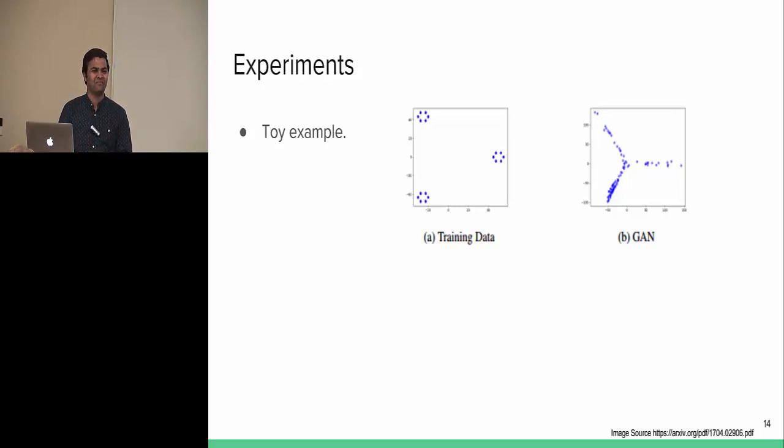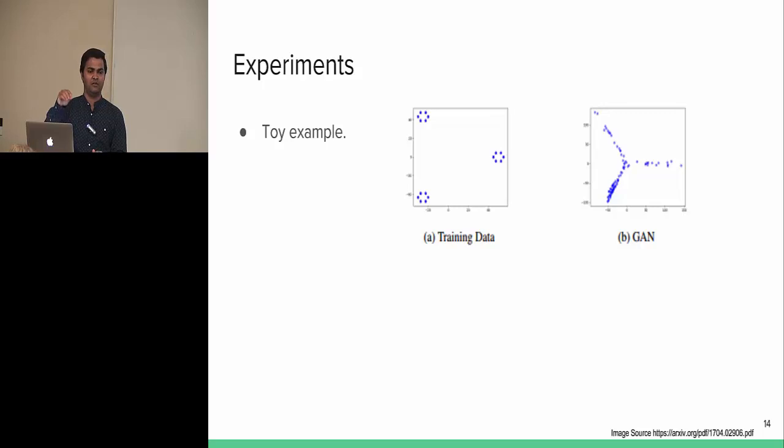So the question is, what will you input to the generator? Will that noise be sampled from the 18-dimensional Gaussian? No. Noise can be anything from any distribution. So the output of the generator should be a 2D output.